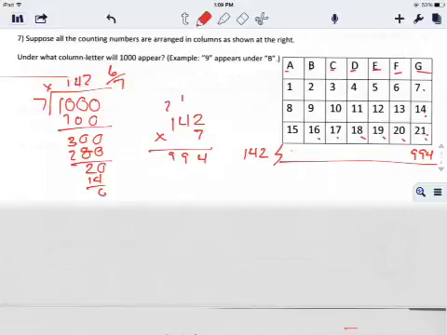And then on my last row, my last row I'd have 995. I'm just going to write the 996, 997, 998, 999, and 1000. It would end up in row F.